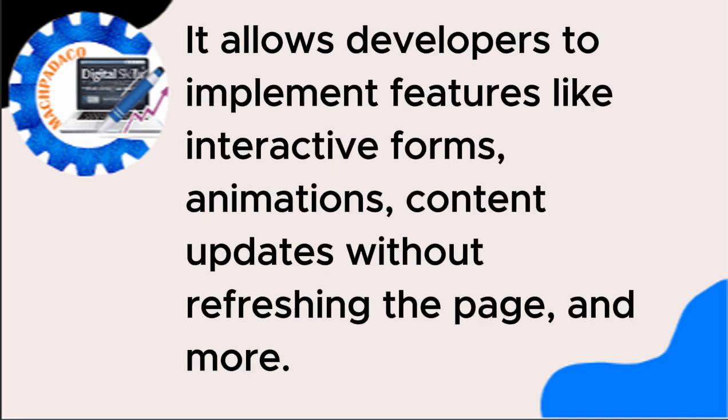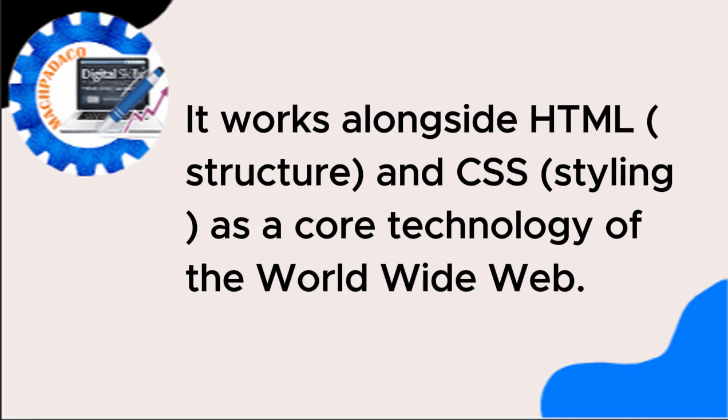It allows developers to implement features like interactive forms, animations, content updates without refreshing the page, and more. It works alongside HTML structure and CSS styling as a core technology of the World Wide Web (WWW).